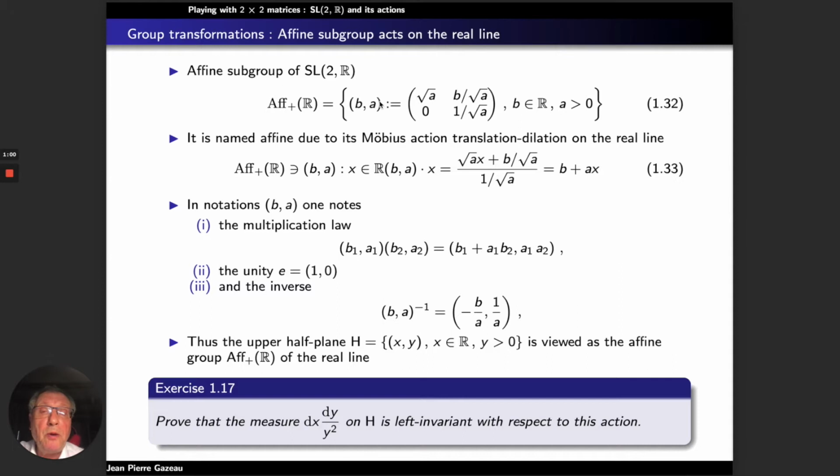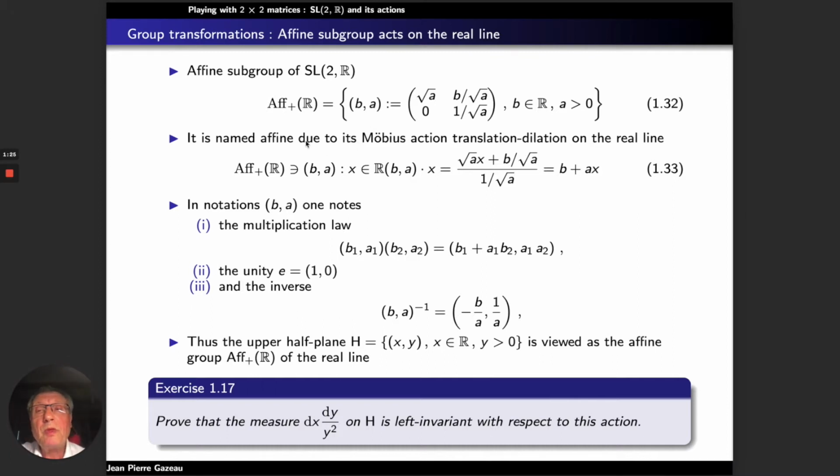So a simpler notation is precisely to put in parentheses first B and afterwards A. B is a translation parameter and A is a dilation parameter as we are going to see immediately.